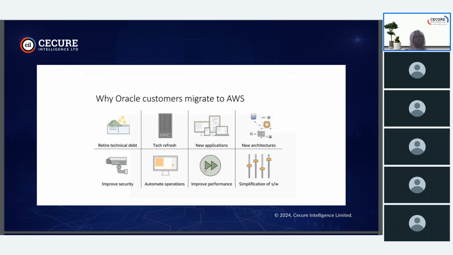Another reason why customers migrate from Oracle to AWS is automated operations. With on-premises systems, you have to manually patch your systems. You have to update your software. You have to back up your servers. You have to monitor these things. So these things can be time consuming, and because you are going to pay people to do it, it's going to cost money too.